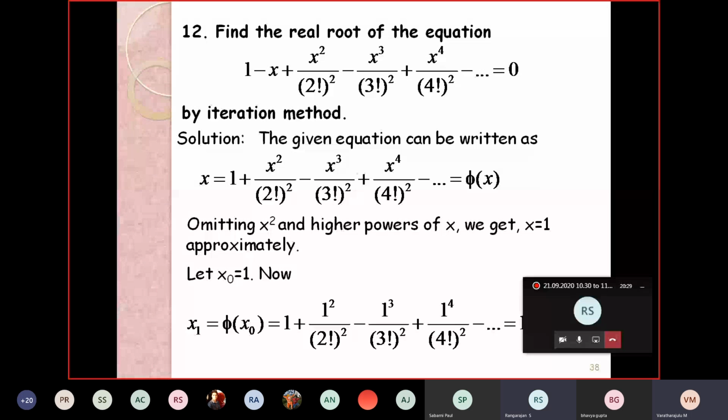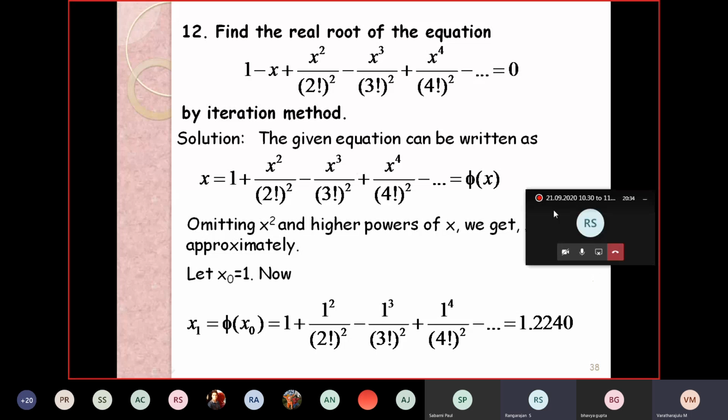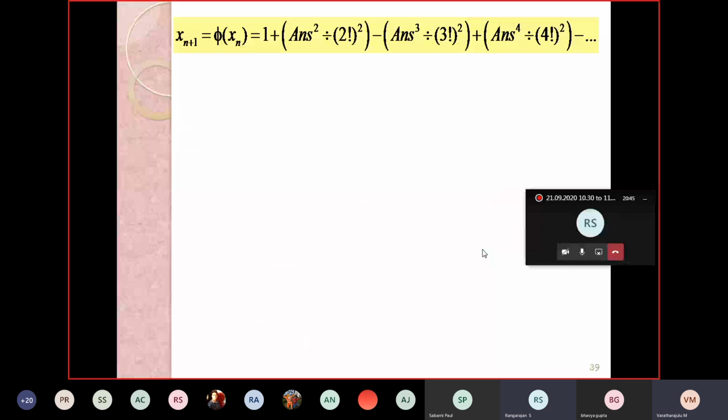by applying the boundary condition, you will get 1.2240. If you want to solve this particular problem, please take your calculator, and please count up to 4 digits.